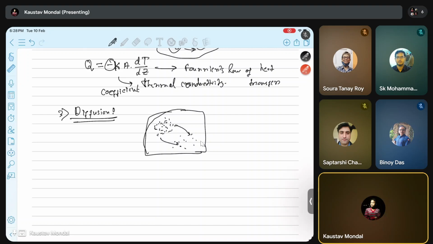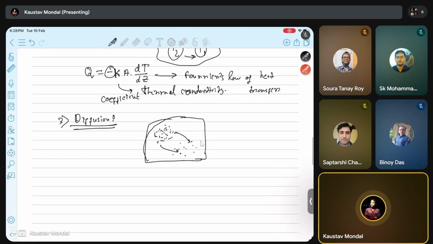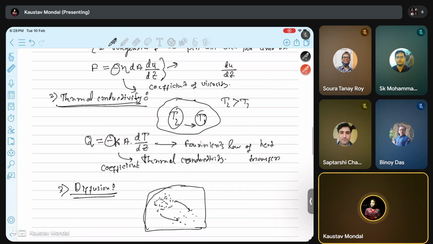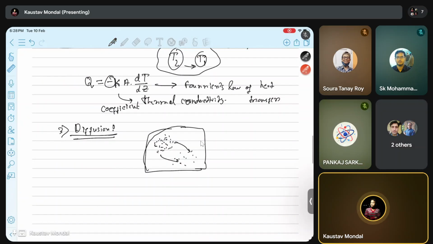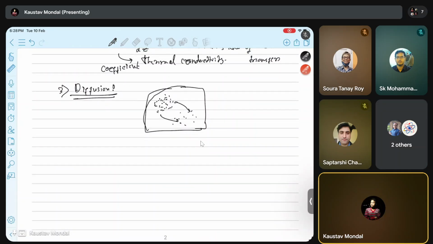So this is nothing but the transport of the gas molecules, and this happens in order to get chemical equilibrium. If the system is not in chemical equilibrium, if some part has higher density compared to other parts, then in order to attain this chemical equilibrium, the system shows the diffusion process.